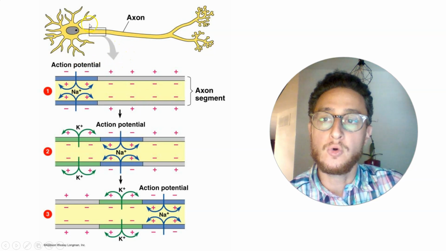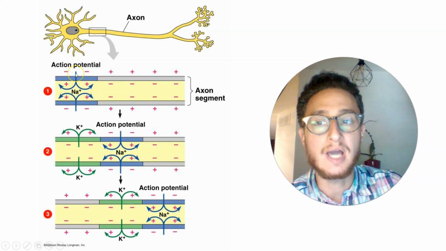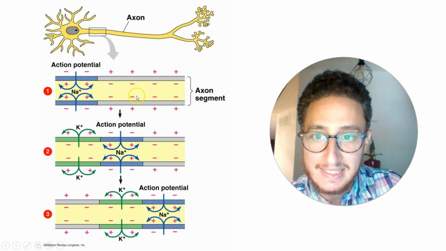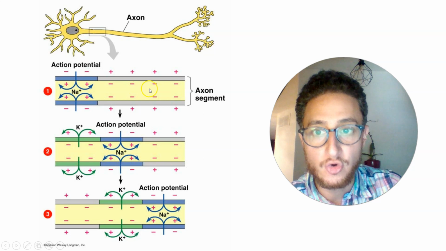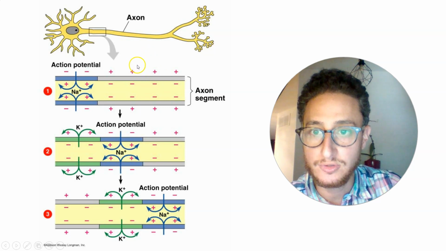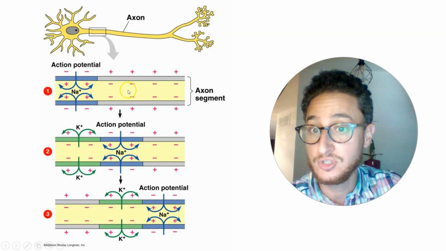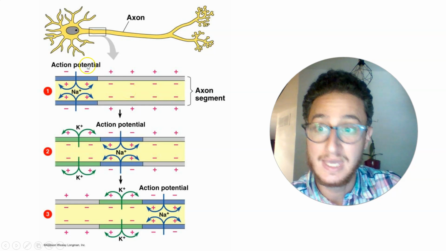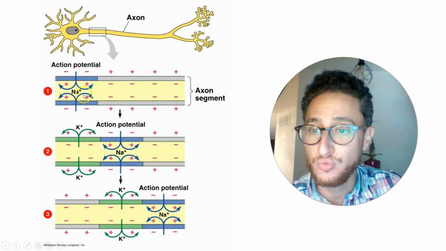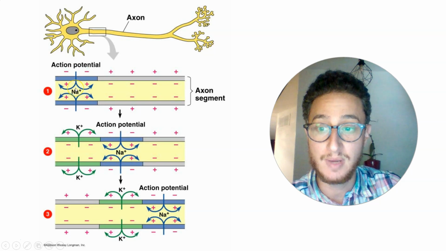In a nutshell, when we stimulate a neuron, what we're actually doing is opening up ion channels. When an axon is at rest, it's slightly negatively charged on the inside relative to the outside, which is slightly positively charged. In other words, there's more positive ions out here and less positive ions and more negatively charged ions in here. But when we stimulate it, we open up these ion channels, allow positive ions to rush in, and we essentially flip the polarity of this membrane.